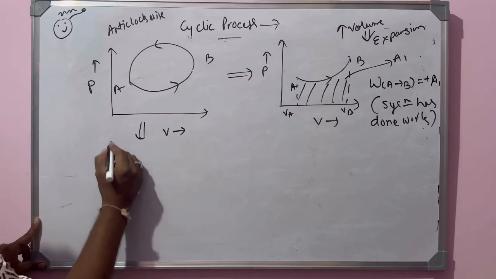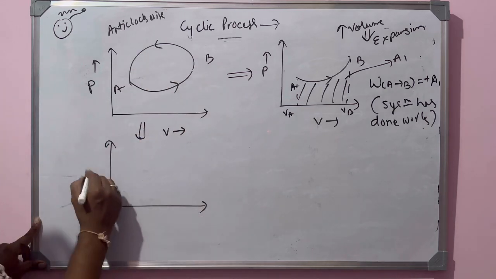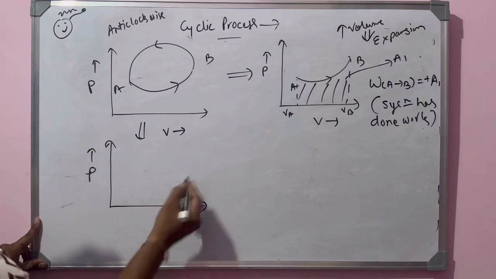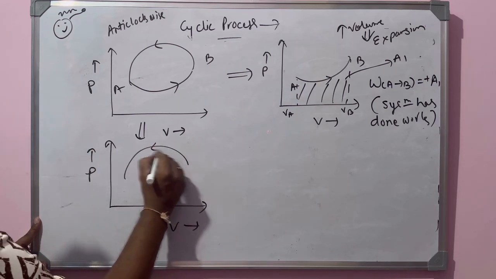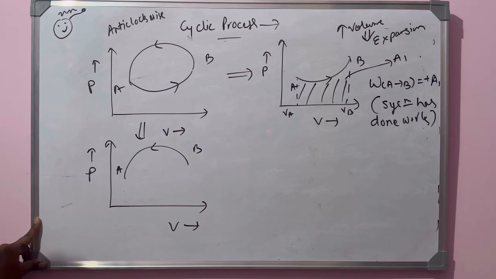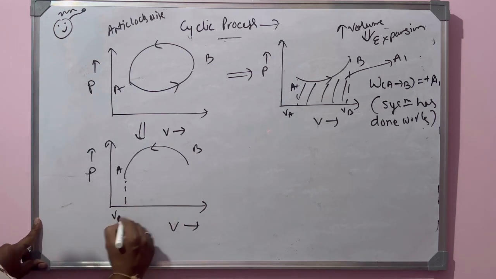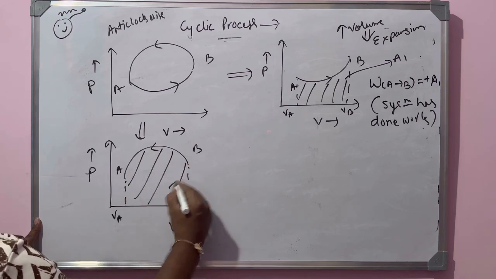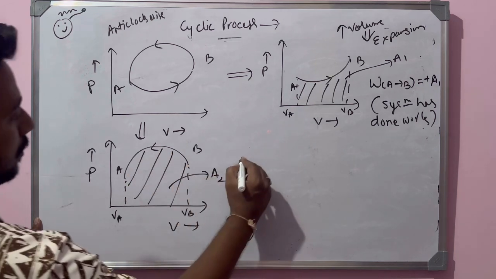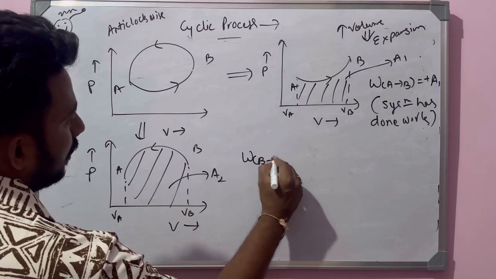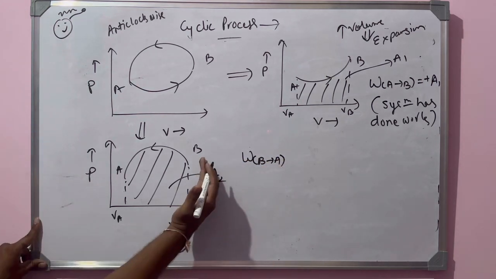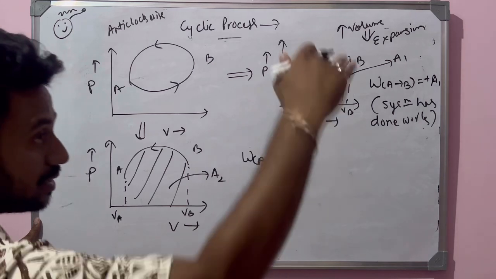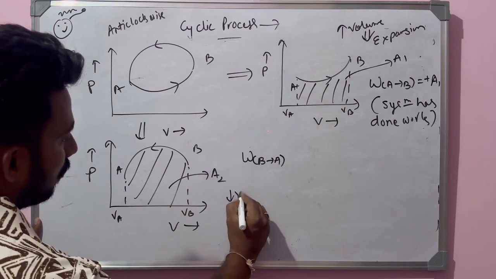Volume expansion. Rest half from B to A. Again break this. Pressure versus volume from B to A like this. Again if I want to find work done, again I'll take the area, drop here, it's VA, drop here, it's VB. Find this area. Let's say this area is A2, है ना? So you'll write work done from B to A. Now if you see B to A, volume is decreasing, है ना? There is a drop in volume.